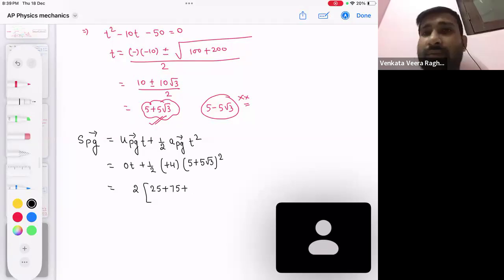So we have 2 into 100 plus 100 root 3 meters that the person has run.